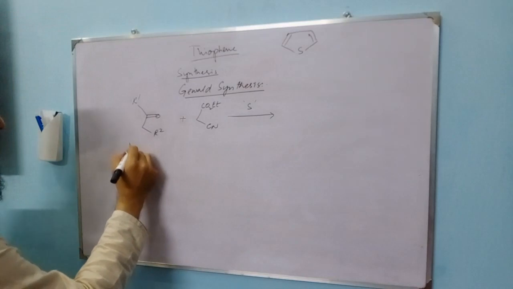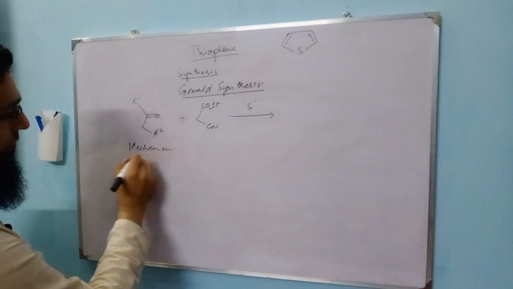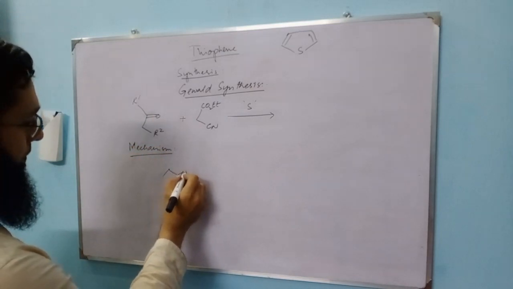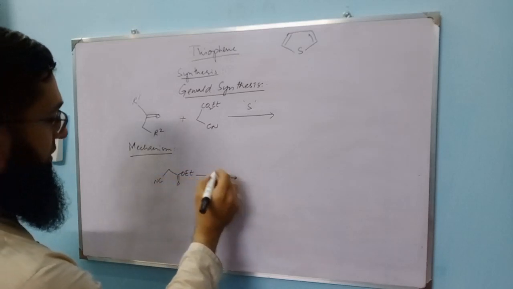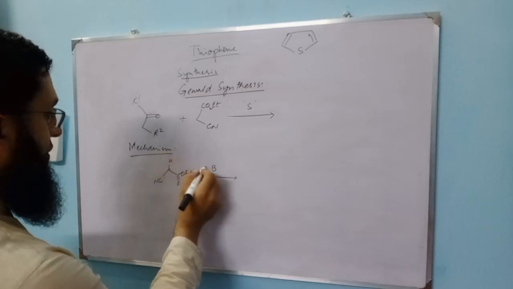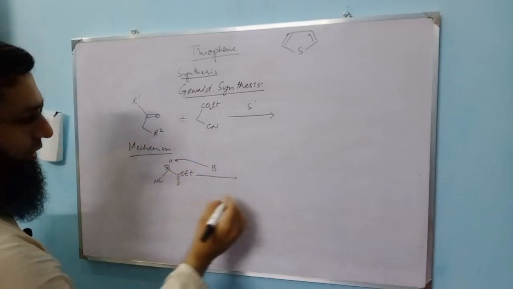So we see the mechanism. In the first step, base is added, which takes the proton from this position, and as a result an enolate is formed.